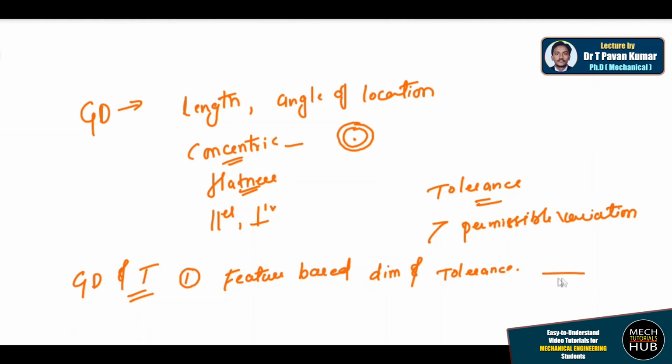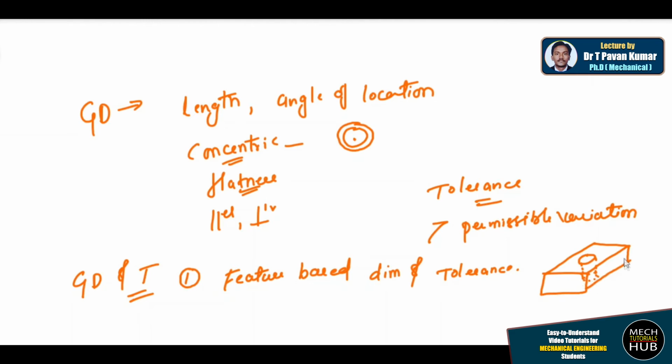For example, I'll try to draw a simple 3D sketch, just for your understanding. Okay, now this is a box. Now on this box there is a slot or a hole drilled from top to bottom.